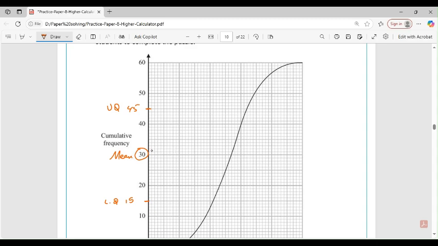Now from here if we plot the straight line something like this, and again from 45, if we take a straight line something like this, I try to make it straight. Once you are using a ruler, definitely you're going to make it better than mine.